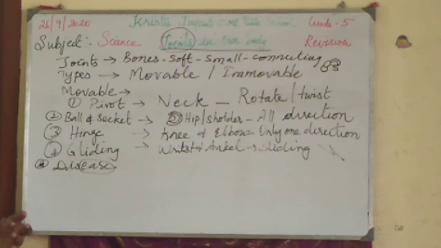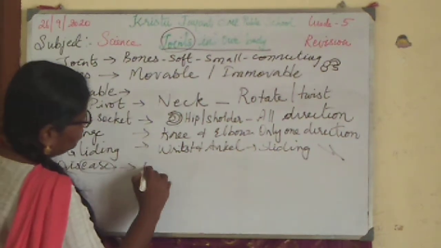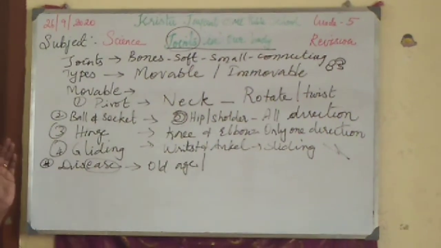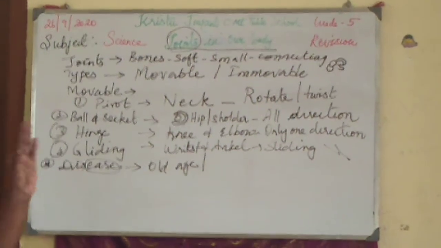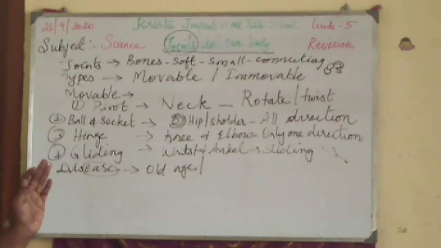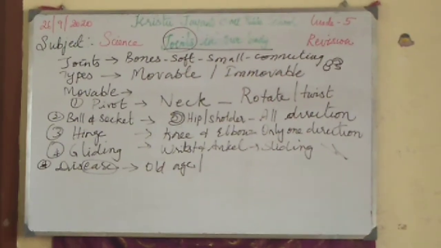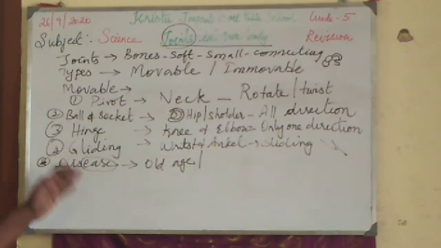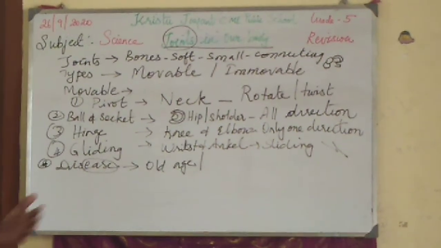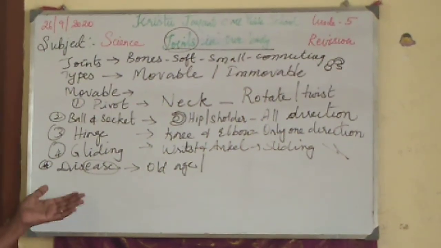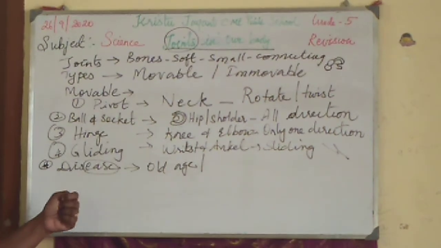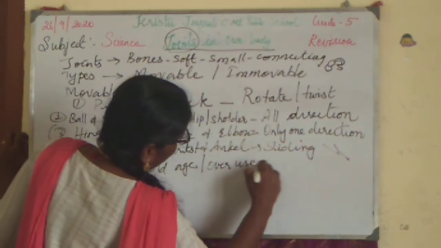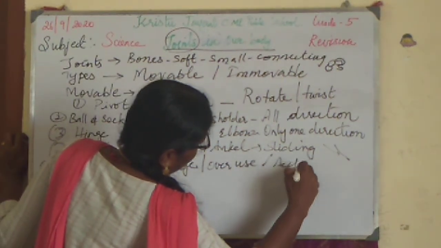Bone related diseases you can divide into old age related, because whether you are spoiling it or not, when you get old, for sure bone disease and joint disease will come, because we have been using them for a long time. Because of that, some problems we will face. And then overuse and accidents.